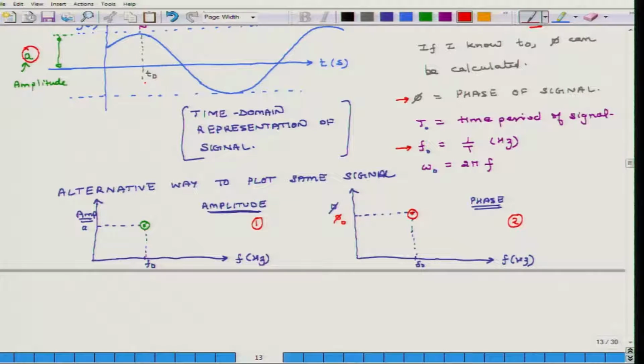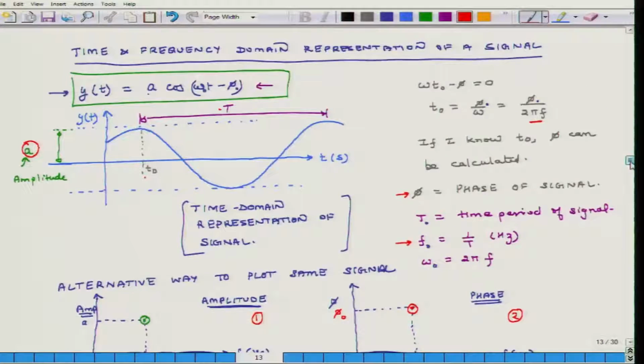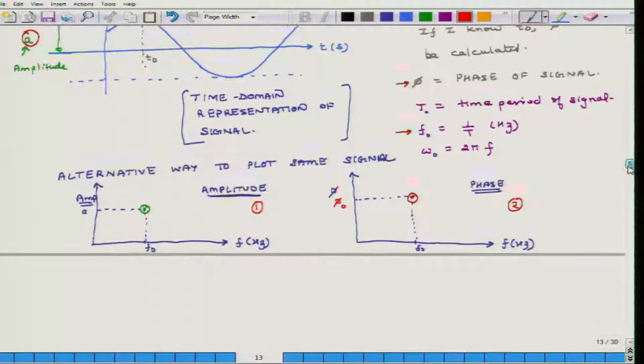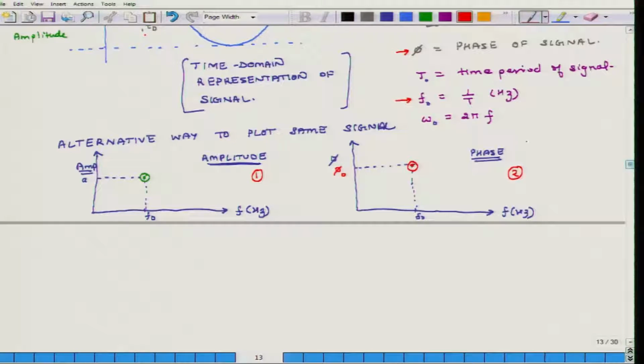Okay. So, in the first way of representing this signal, my x axis was time. So, it is called time domain representation. In the alternative way, my x axis is in hertz. So, this way of representation is called frequency domain representation.